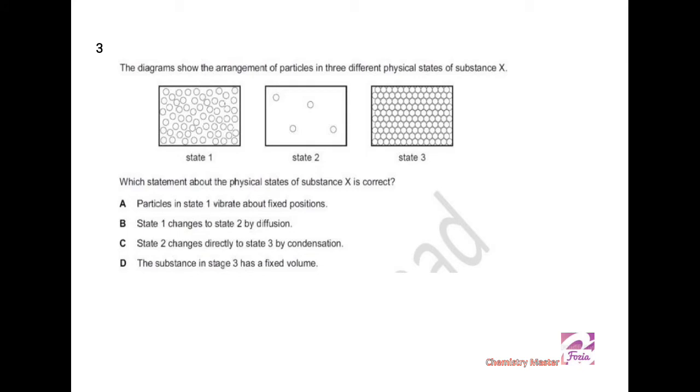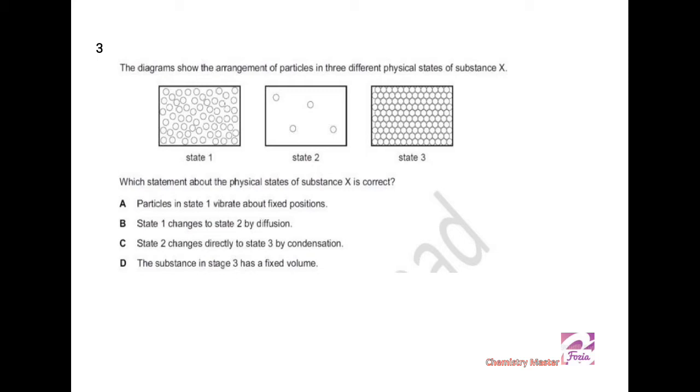The next MCQ is: you are given 3 diagrams, state 1, state 2, state 3, and there is a different arrangement of particles, and there must be 3 different physical states. Now the question is: which statement about the physical state of substance X is correct? First you look at the diagrams and judge which is what.